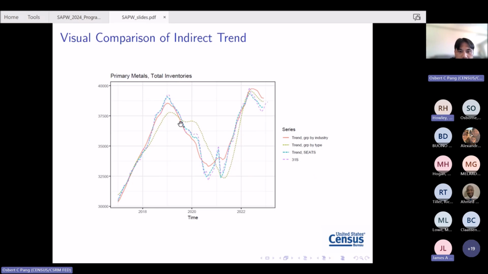One is a little more smooth than the other, but when we do the one trivariate fit, this one seems to be not quite on the mark. It seems to be diverging from the movements of the other ones, more so.